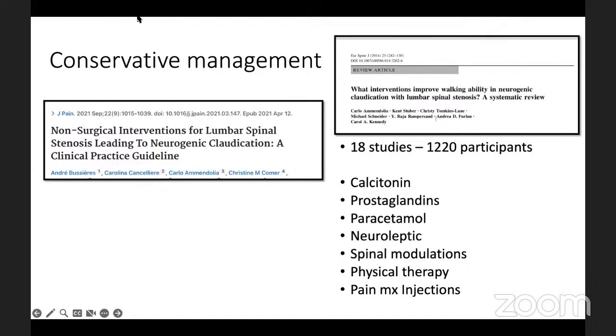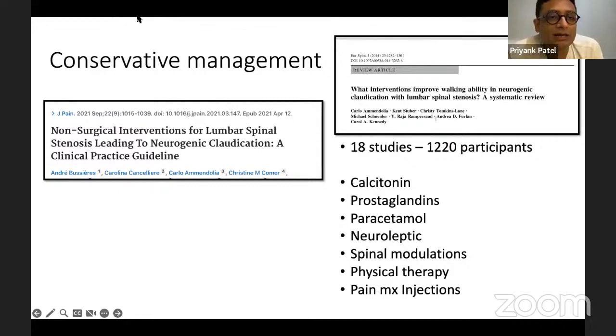Sir, if the claudication time is 10 minutes and if he walks 60 minutes, what will happen, sir? So that is where the chances of further neurological deterioration can happen. Usually 10 minutes to 60 minutes is not possible, but after 10 minutes, if the pain is not there or they are numbed with all the different types of medications that we give them, they sometimes tend to walk for 30-40 minutes.